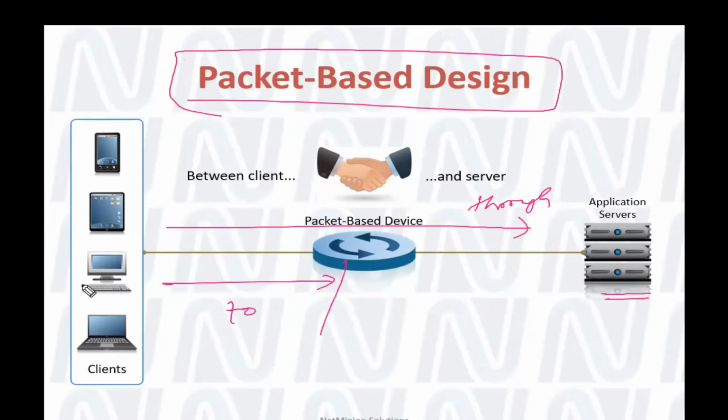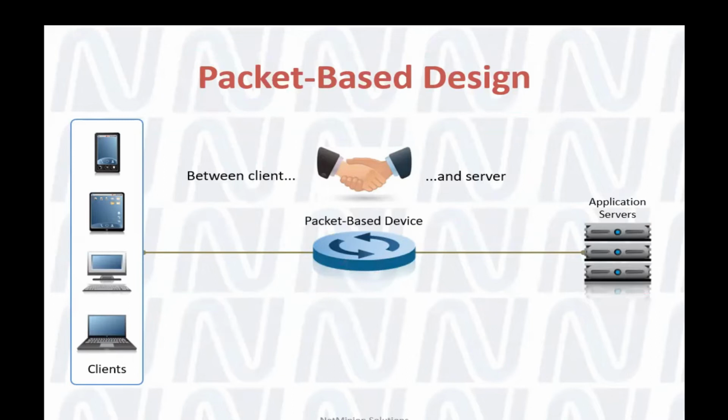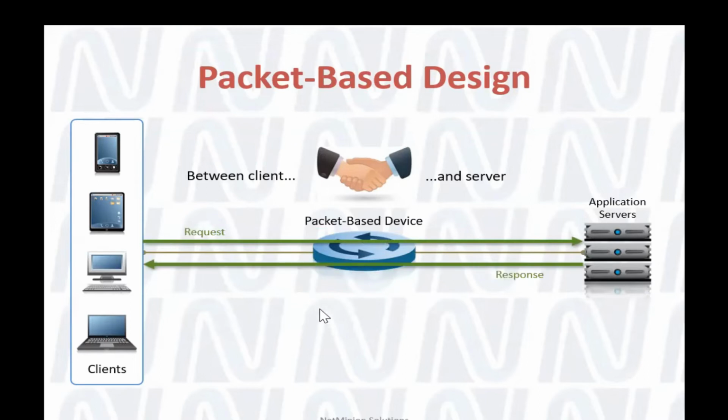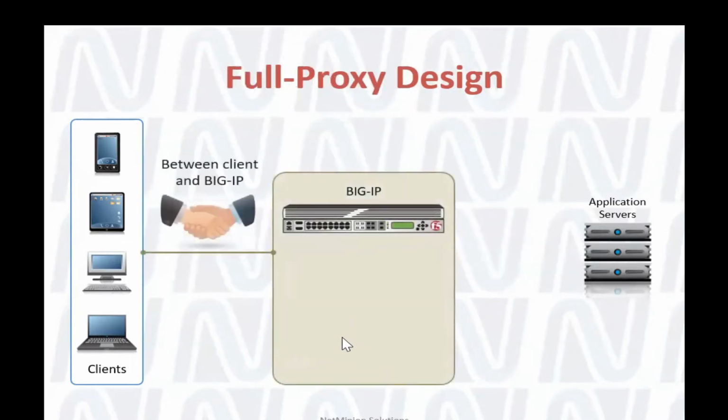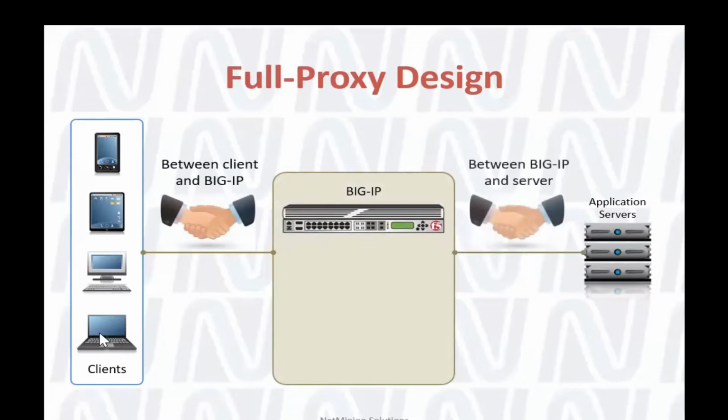Whereas in F5, everybody should be aware that the packet will go to the F5 device. So the request will not go through it. The request will go to it and will stop over there. That will be the end of the connection. So this is the first session, between the client and the F5. Then F5 will initiate a session to the backend servers.